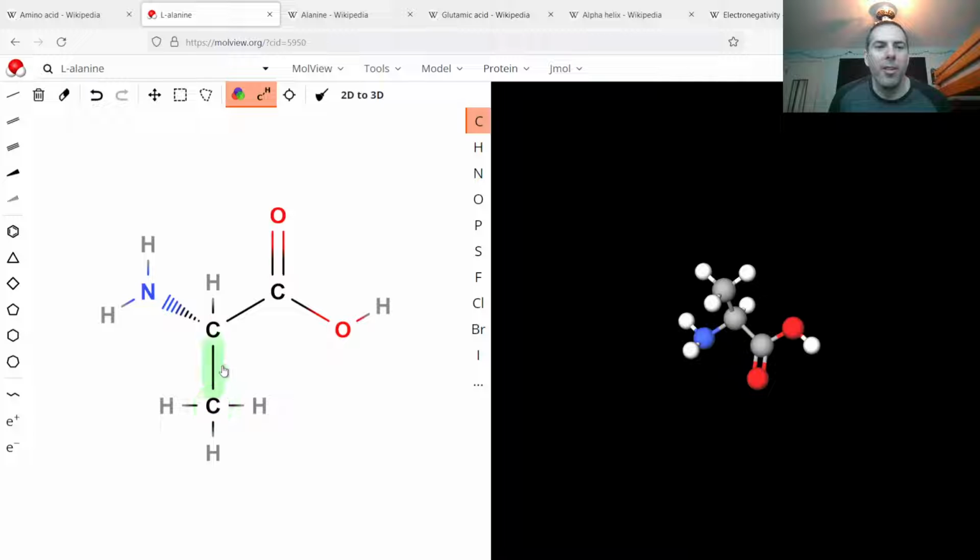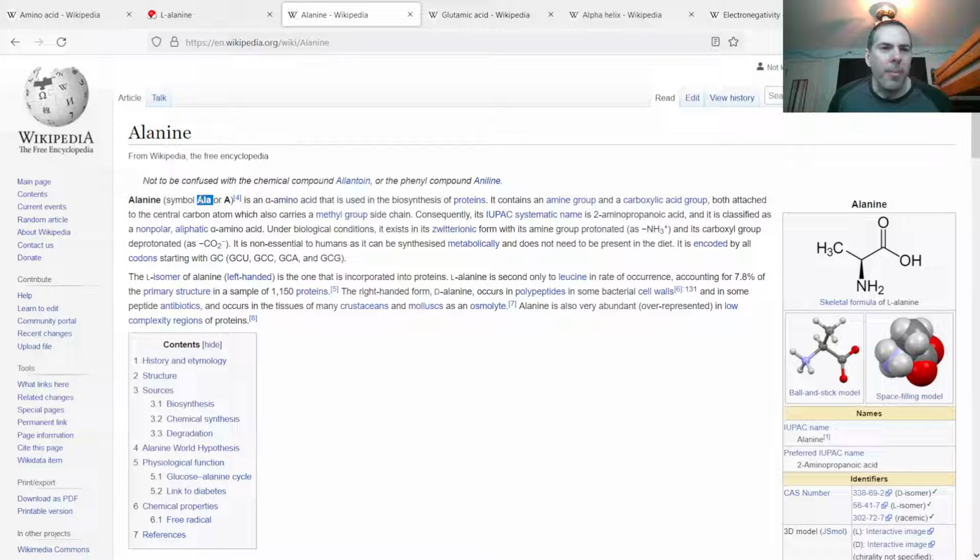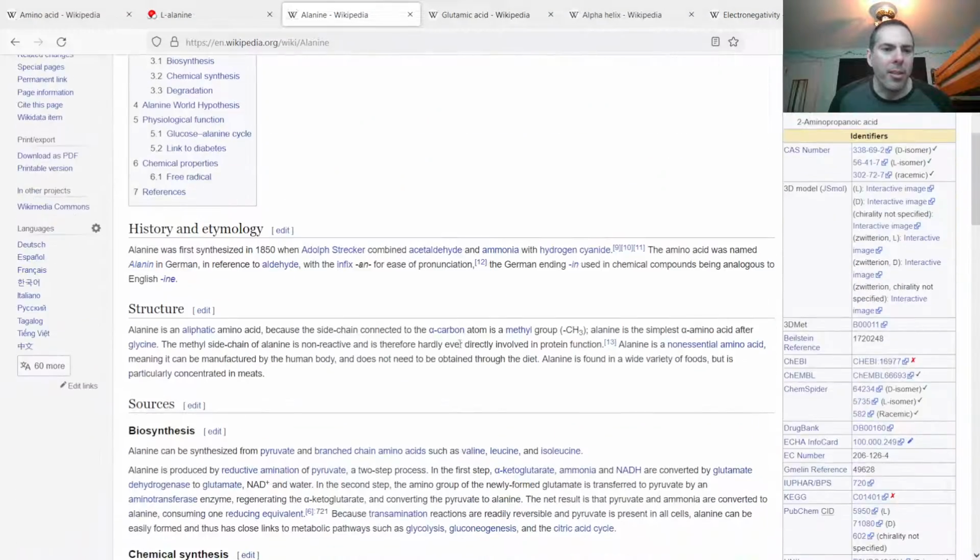It's a very simple methyl group. The abbreviations for alanine: ALA is the 3-letter abbreviation, and just an A for the single letter abbreviation. Alanine is a non-essential amino acid.